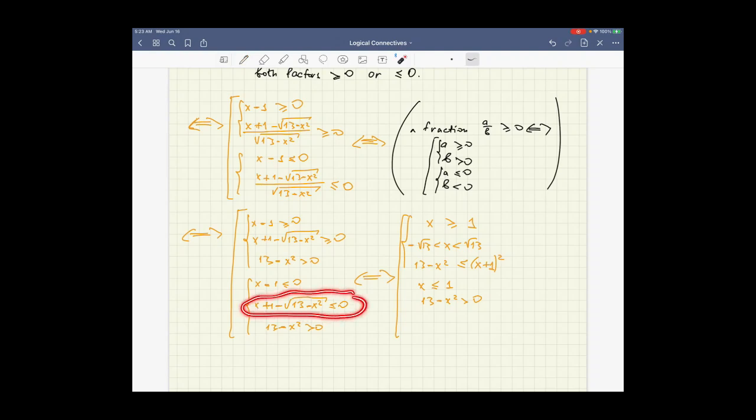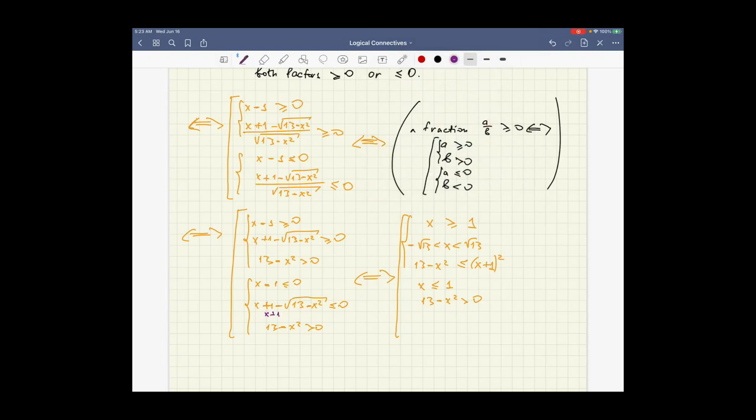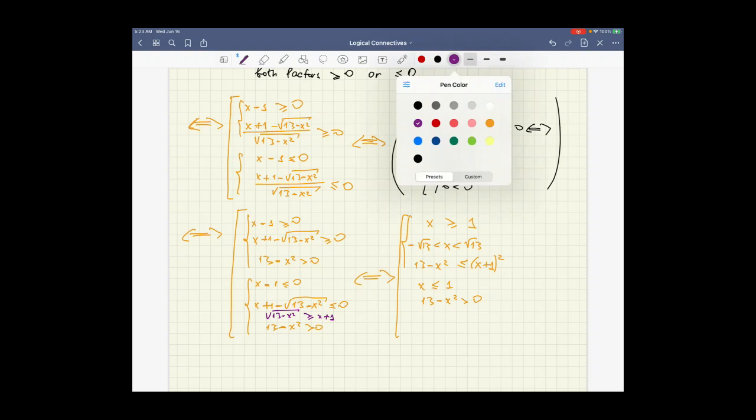But when I solve this inequality, I have to consider different situations, because I could write this as root 13 minus x squared greater or equal than x plus 1.